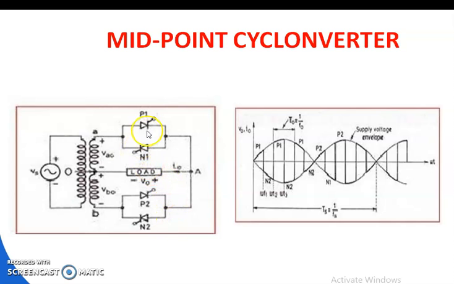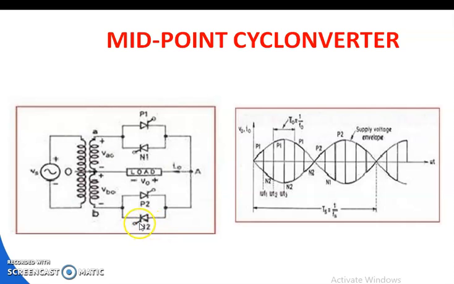During P1 on condition, it also drives the load. So the path of the current will be VOA, P1, load, VOA. That is, the upper half of the secondary winding, then P1, then load, then the upper half of the secondary winding of the transformer. At the instant omega t1, P1 commutates and N2 starts conducting.